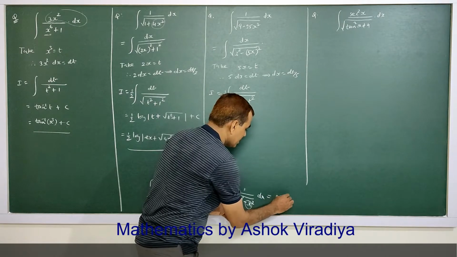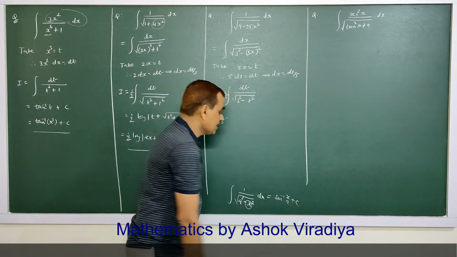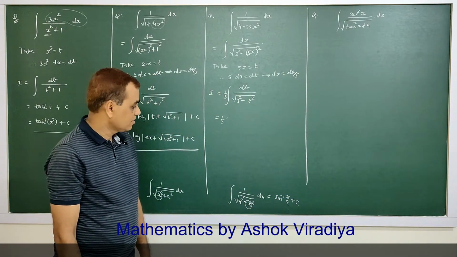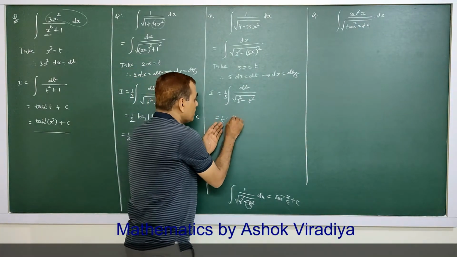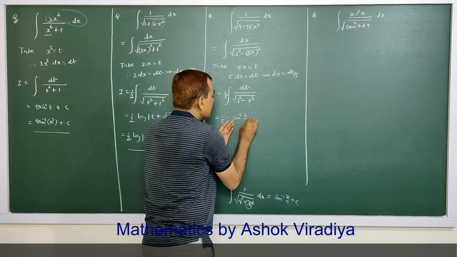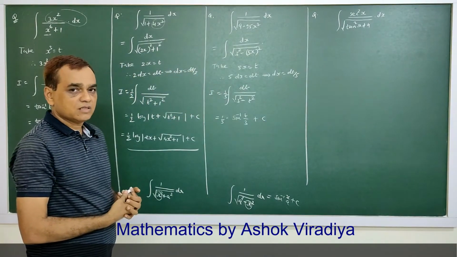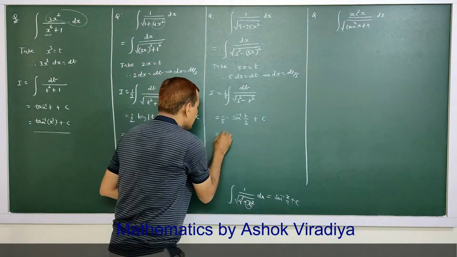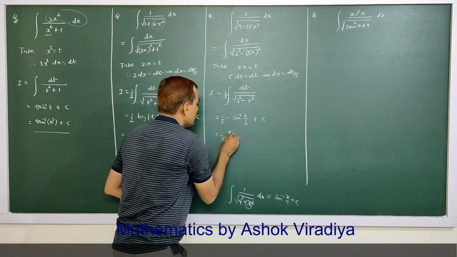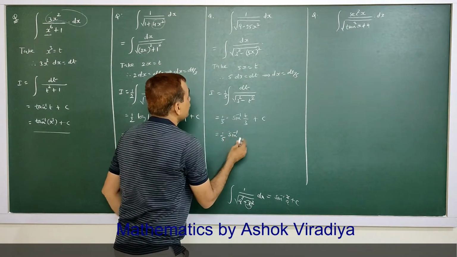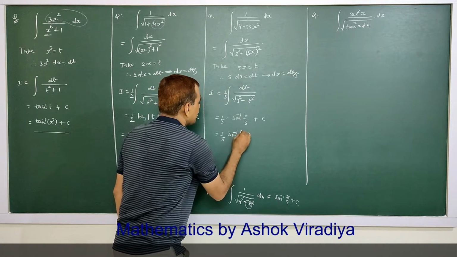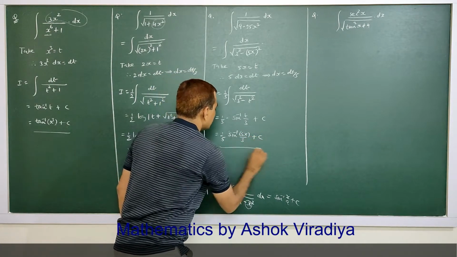Sine inverse x upon a plus c. So here sine inverse t upon 3 plus c. Putting the value of t, 1 upon 5 sine inverse of 5x by 3 plus c.